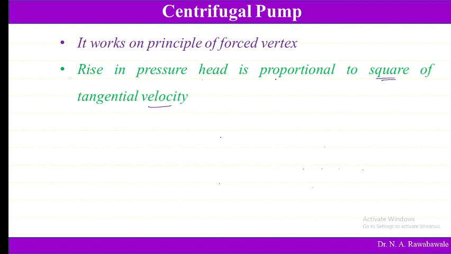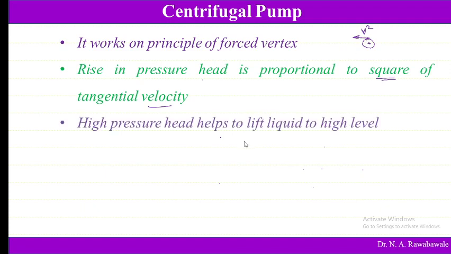As I told you, when this mass moves away from the center of rotation, it is released at velocity v. The pressure head which rises is directly proportional to the square of this tangential velocity. The high pressure head helps to lift the liquid to a high level.